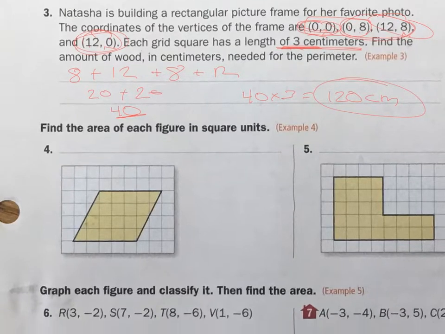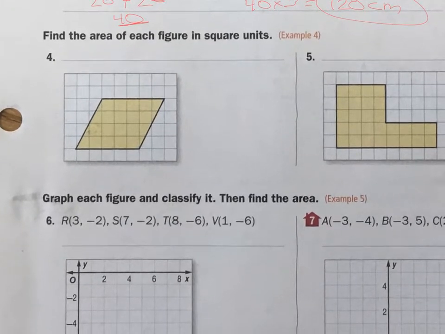Alright. 4 and 5 is about finding areas. Now, if they're in a grid like this, this is a parallelogram. And I know the area of a parallelogram is area equals base times height. So here's my base. That's 1, 2, 3, 4, 5 units.